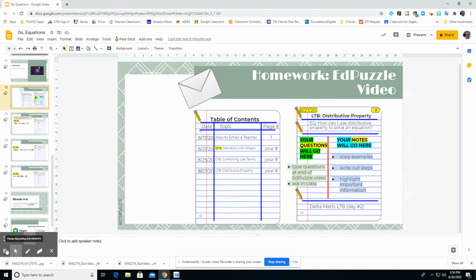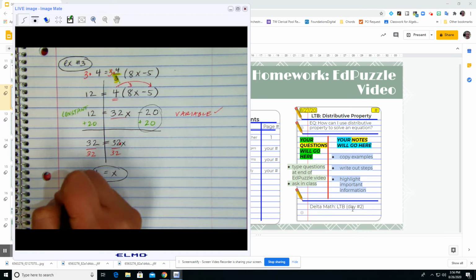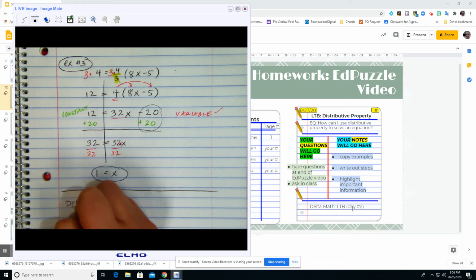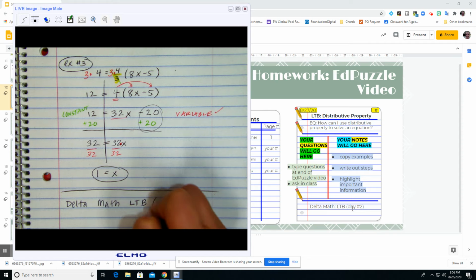Please rewind the video if you need to get the notes done or if you want to re-watch a step. Now remember, after you finish your notes, make a line, and we're going to be working on Delta Math Learning Target B, Day 2. So at the end of your notes, you'll make a line, and you'll put your Delta Math Learning Target B, Day number 2.